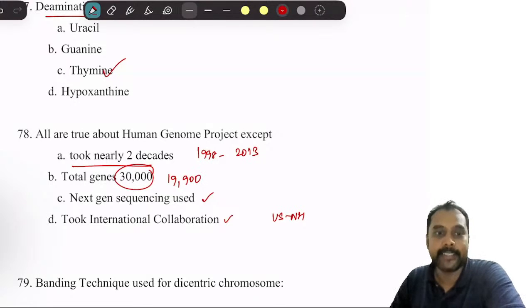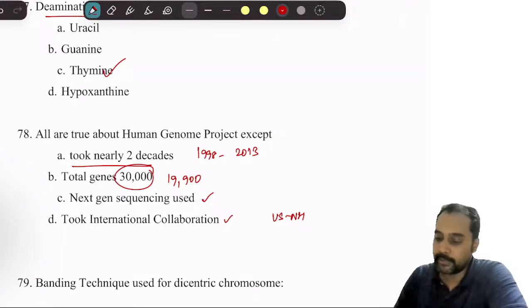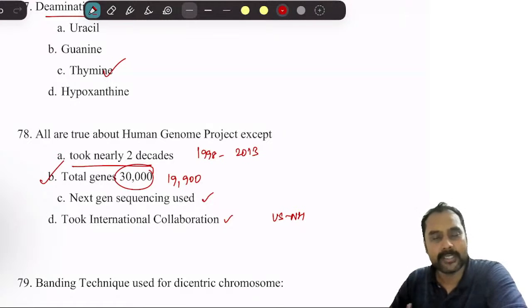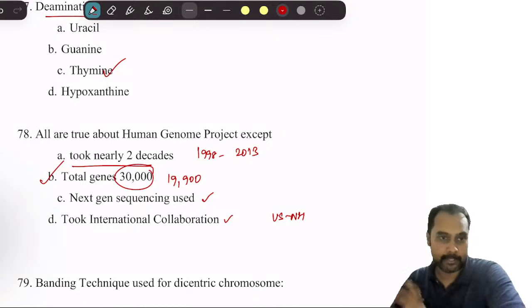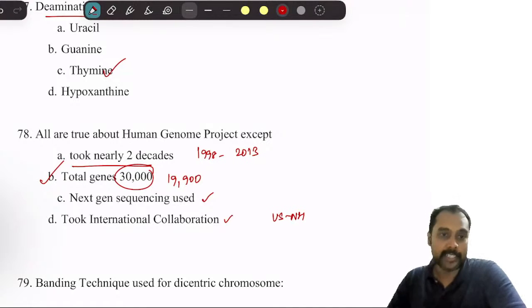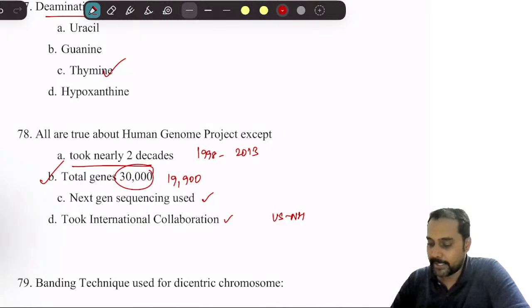It is not 30,000. So this will be the correct answer for this question. Some of the students are telling differently about the options, but this is what I finally got. Among these 4 options, if you want to go to the best option, this is 100% wrong. Total genes is 19,900, should be 20,000. So probably that will be the correct answer.